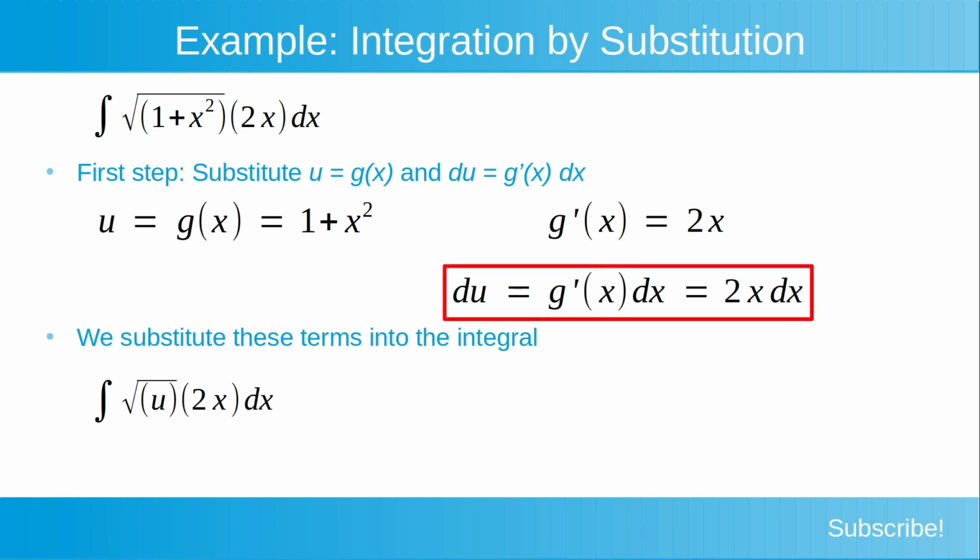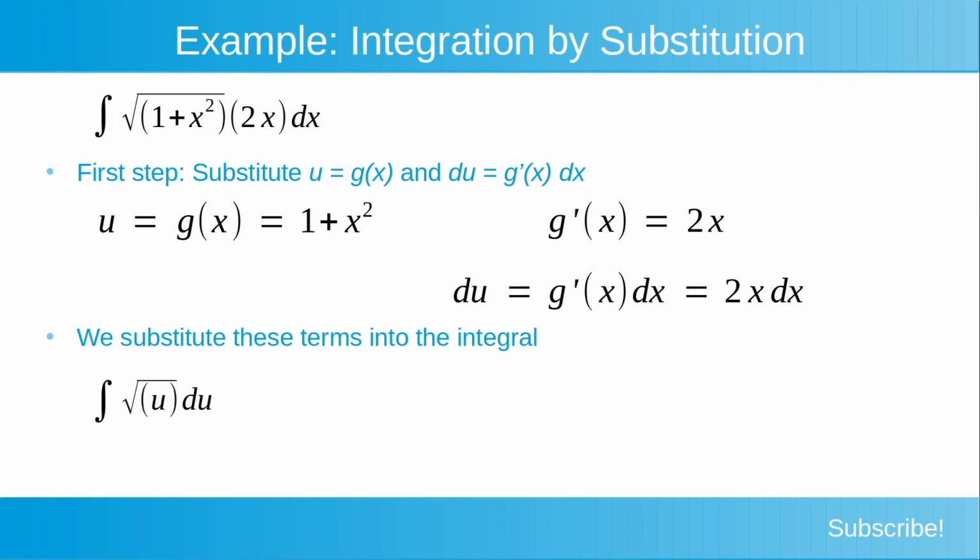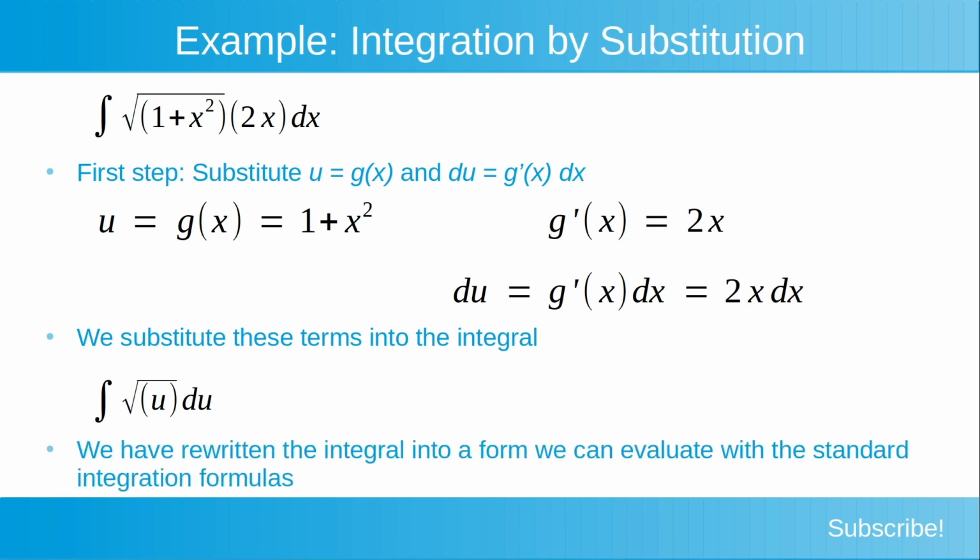And then when we substitute du for the terms 2x dx, we get the indefinite integral of the square root of u with respect to u. And that's the end of our first step. Now at this point, what we've been able to do is we've rewritten the integral into a form which we can evaluate with the standard integration formulas.